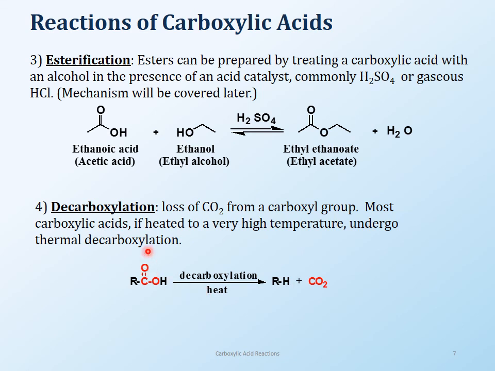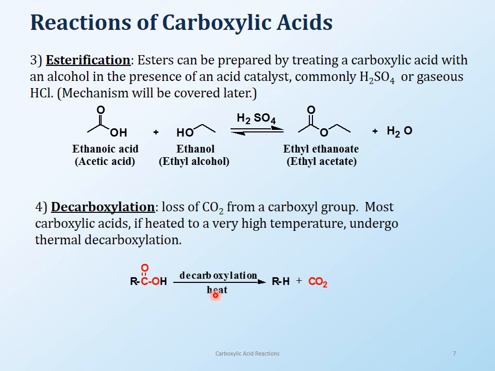Now, this reaction is not very advisable because your compound may decompose before it decarboxylates. So one has to be really careful in choosing what kind of carboxylic acid they want to decarboxylate. And you also have to indicate that you're losing the carbon dioxide, because there are some other reactions you can also do with heating carboxylic acids.